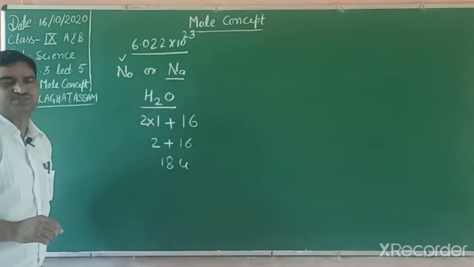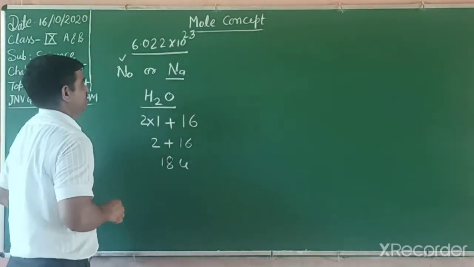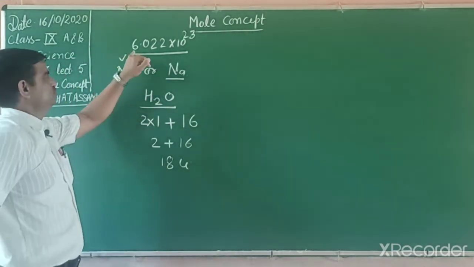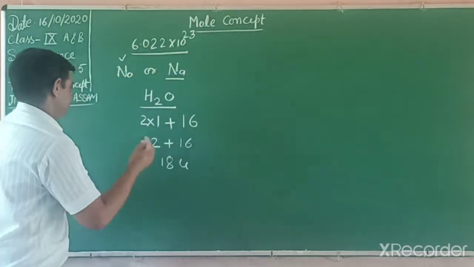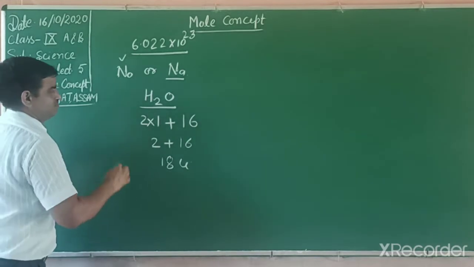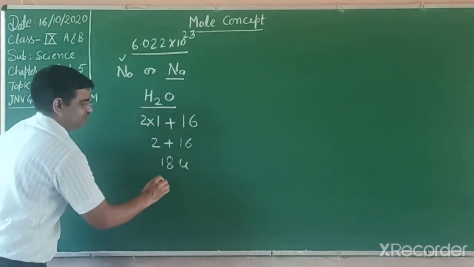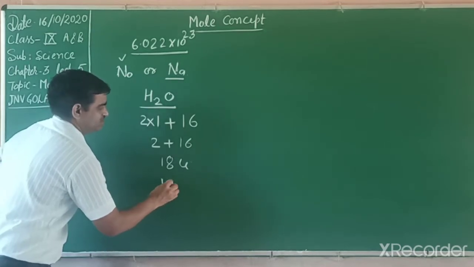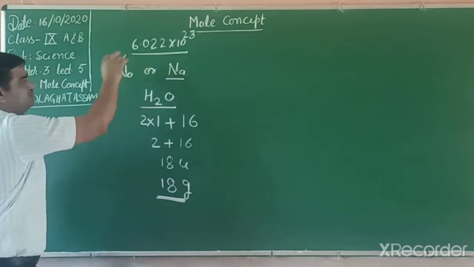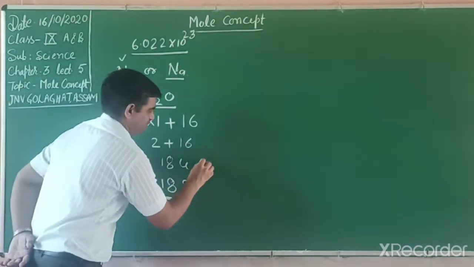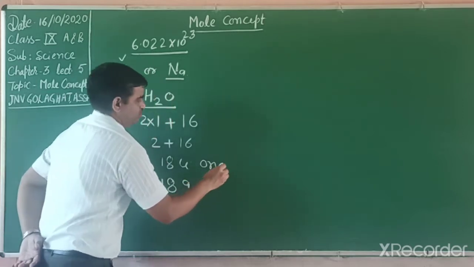So 18U, students, is the mass of 1 molecule. But we have 6.022 into 10 to the power 23 molecules, which is known as 1 mole. It means if you write gram in place of U, that is 18 gram, then this mass is of that many molecules. 18U mass is of only 1 molecule.